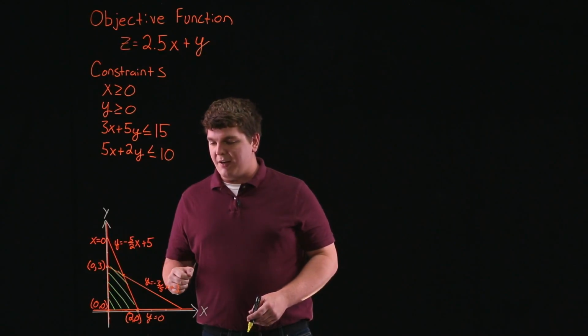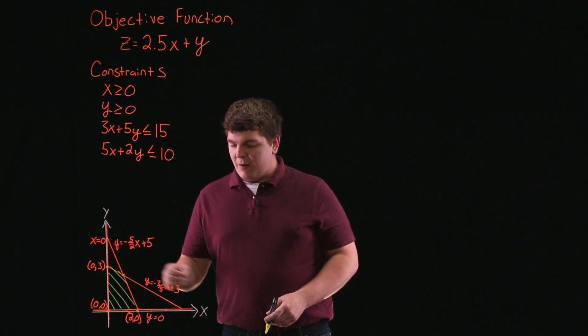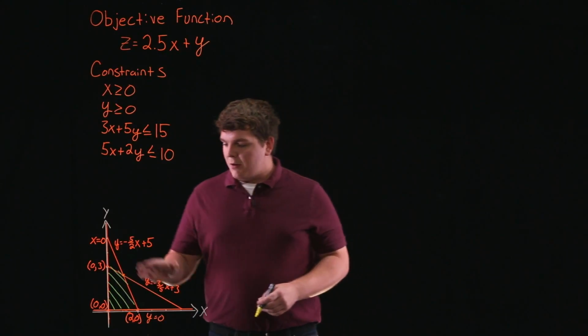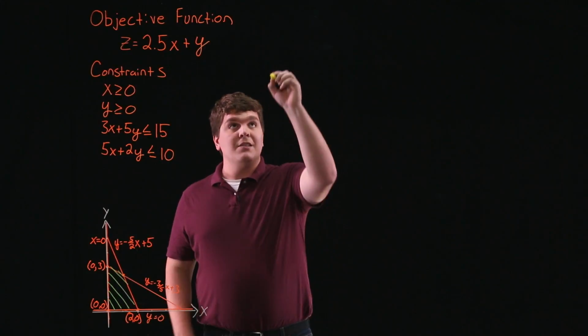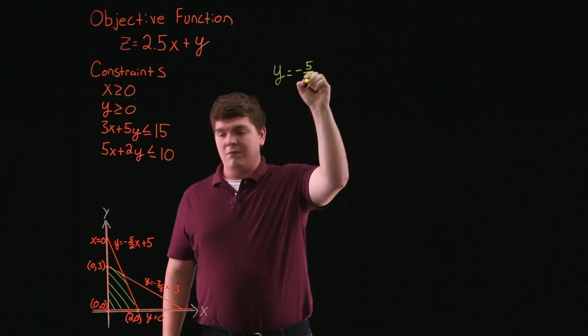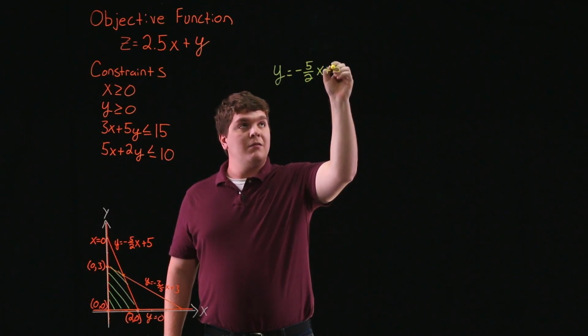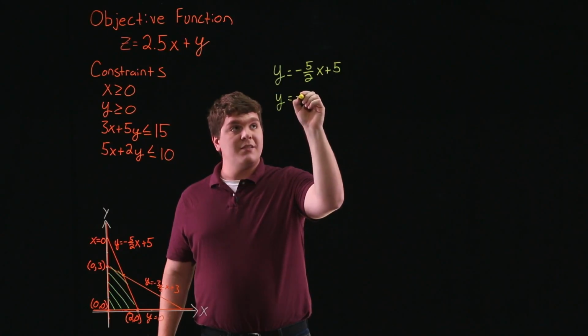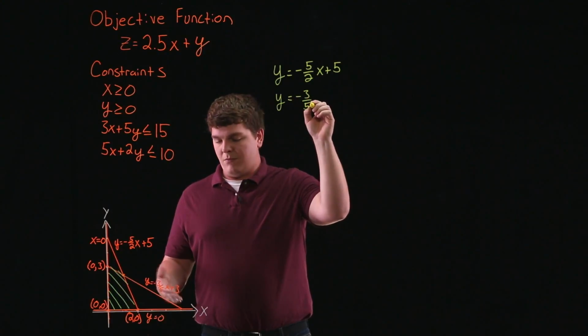So when y equals negative 5/2 x plus 5 and y equals negative 3/5 x plus 3 intersect. So let's start by just considering these two lines. y equals negative 5/2 x plus 5 and y equals negative 3/5 x plus 3.